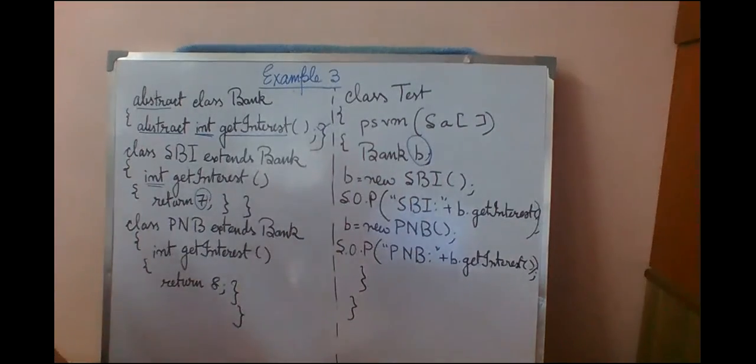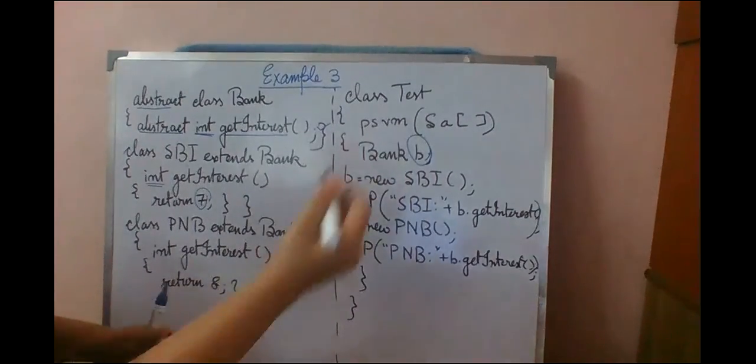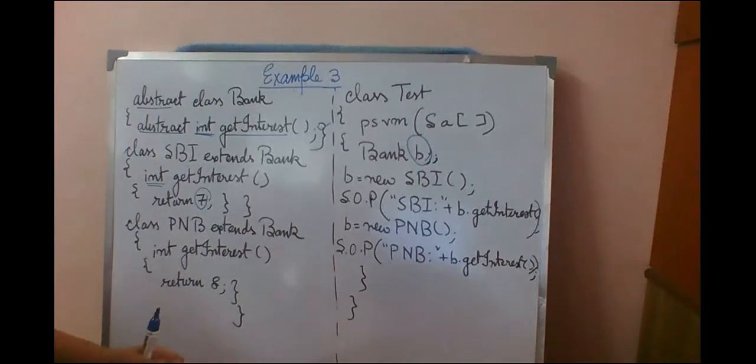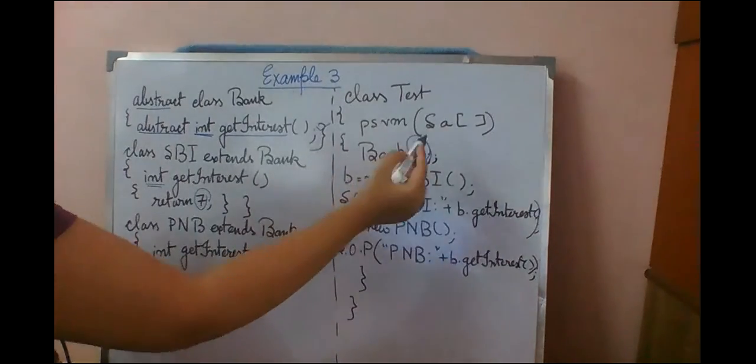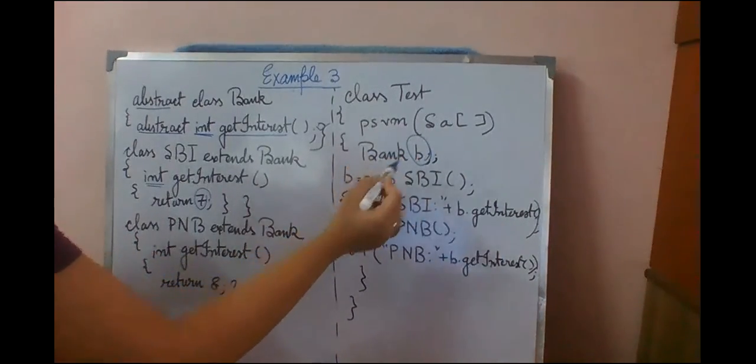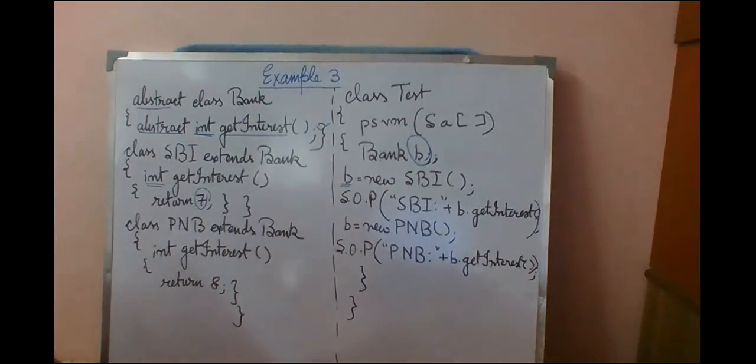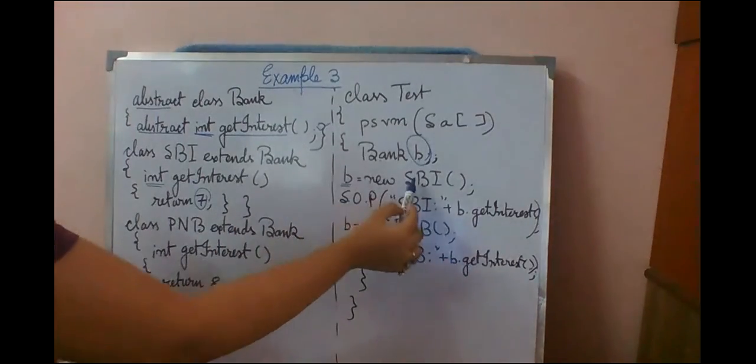I guess while drawing the circle, I missed the semicolon, so I'm putting the semicolon again. Bank B is a reference of abstract class Bank. Now we are allocating memory to this reference: B equals new SBI.